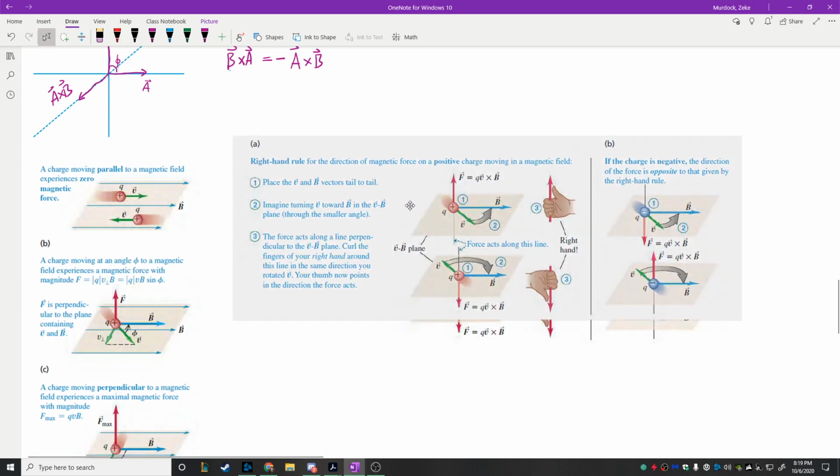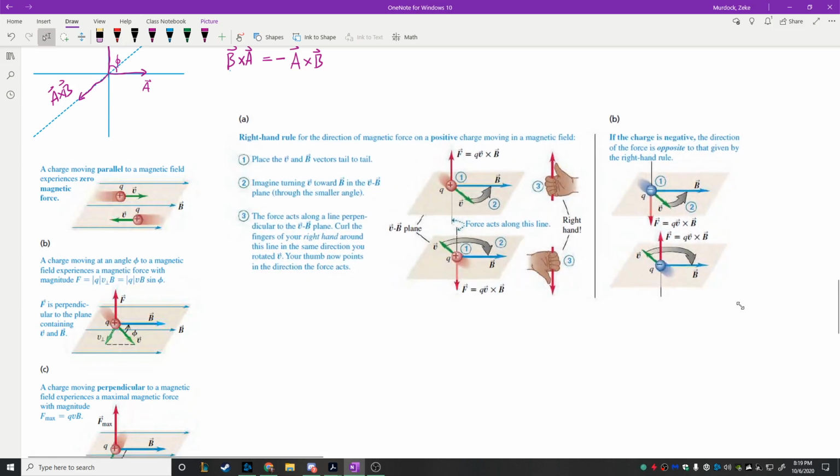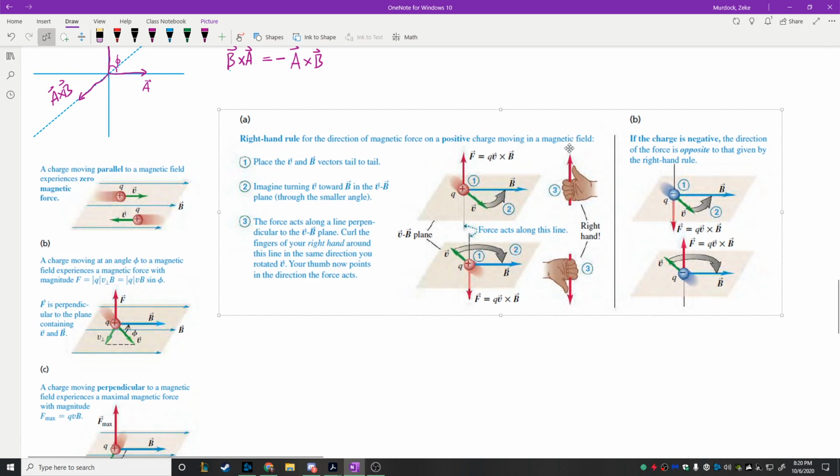This is the right-hand rule for the direction of the magnetic force on a positive charge moving in a magnetic field. So you place the V and B vectors tail to tail. If V is going this way, B is going this way, put them tail to tail. You imagine turning the vector V towards B in the VB plane.